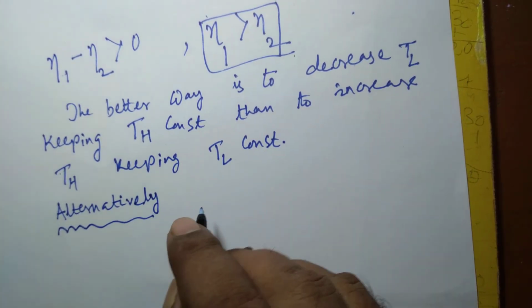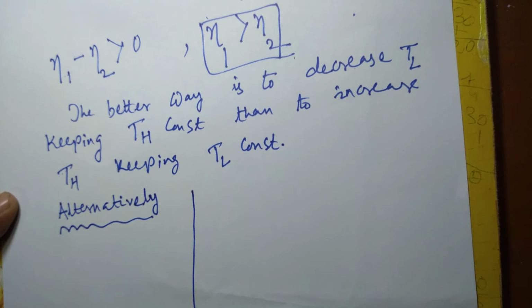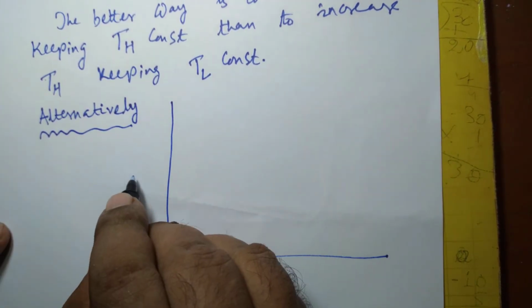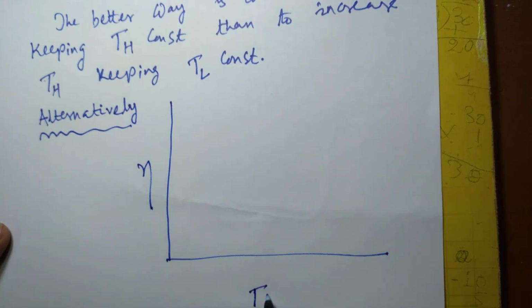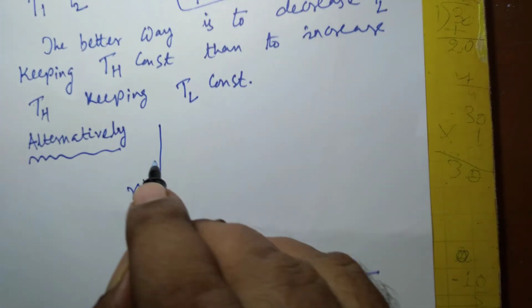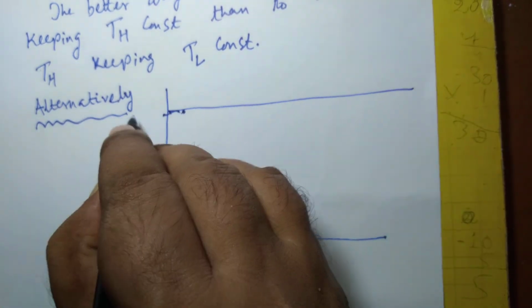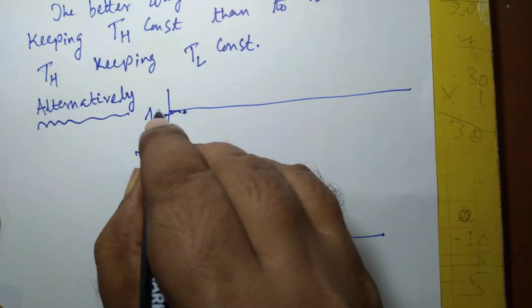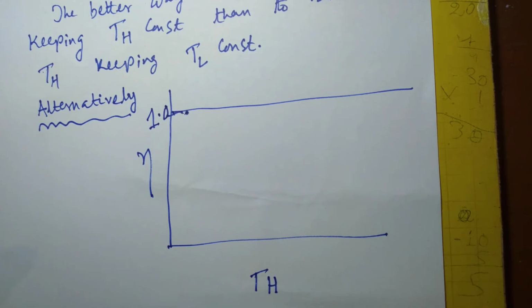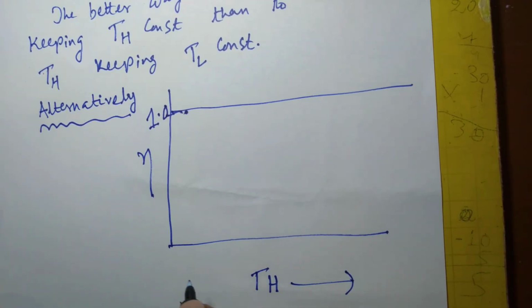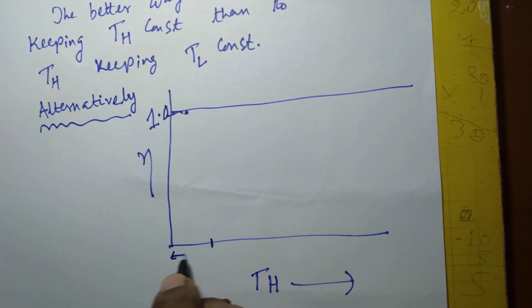Suppose we will increase the TH. This is the graph between efficiency and TH. The highest level of efficiency is obviously 1. We can't go beyond 1. If you draw the curve between efficiency and source temperature, the curve will be like this.